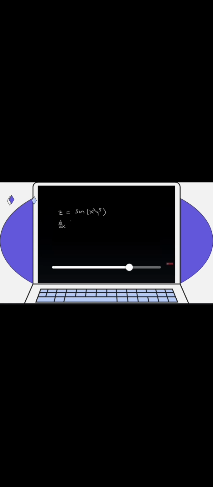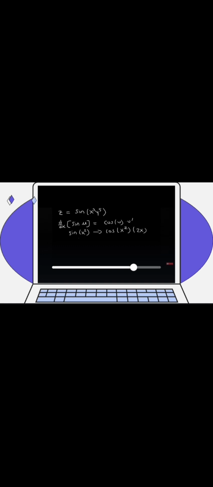So if you find the derivative of a sine function, the derivative of sine u is cosine u times u prime. So if you want to differentiate sine x squared, it's going to be cosine x squared times the derivative of the inside part.